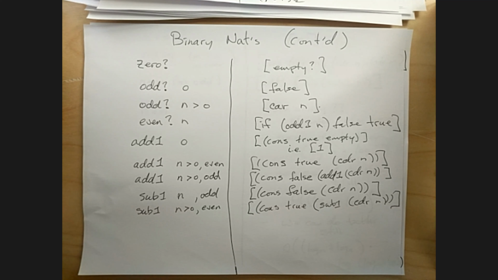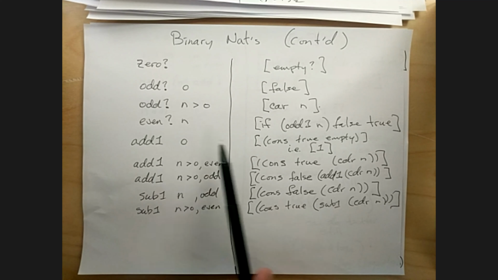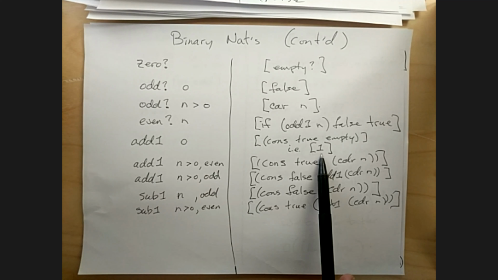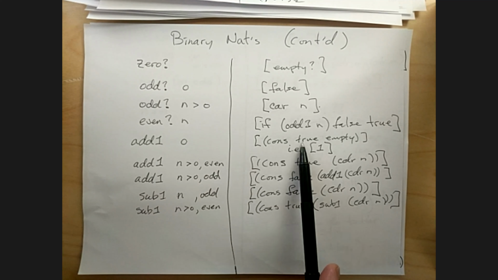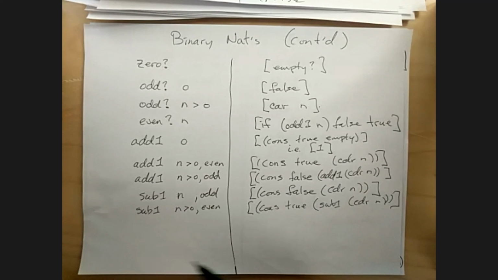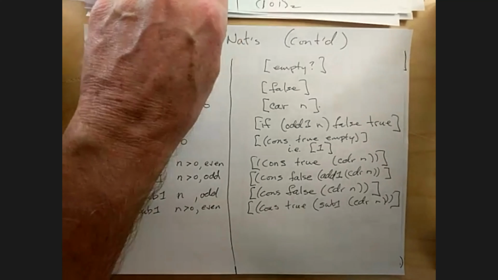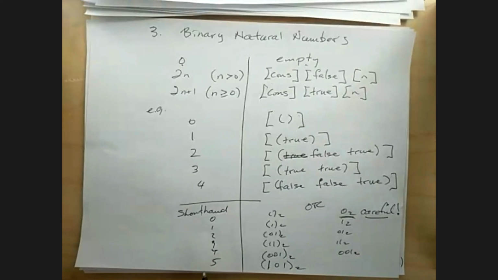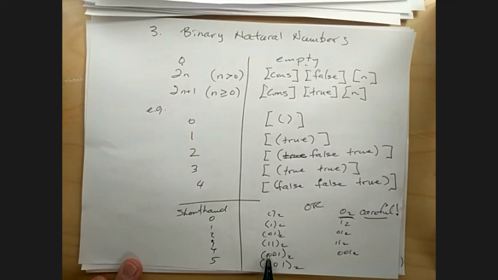Okay, so let's look at a few things we can do with numbers. Add 1 to 0 is clearly 1. And that's cons true of empty. Add 1 to n. Well, if n is even, it's easy to add 1 to it. Let me go back to my previous example. 4 is even. All I do to get from 4 to 5 is change the first element from a 0 to a 1. 2 is even.